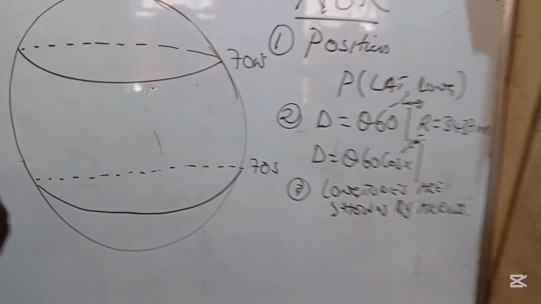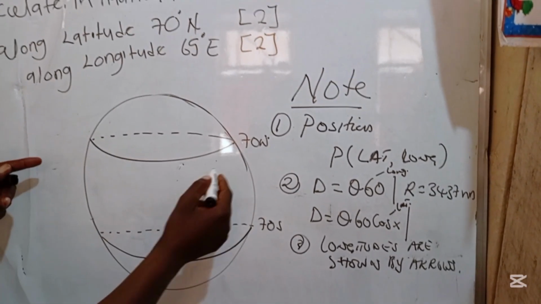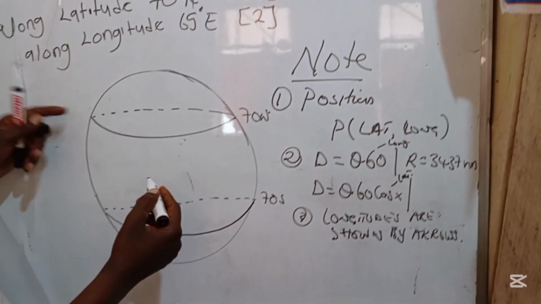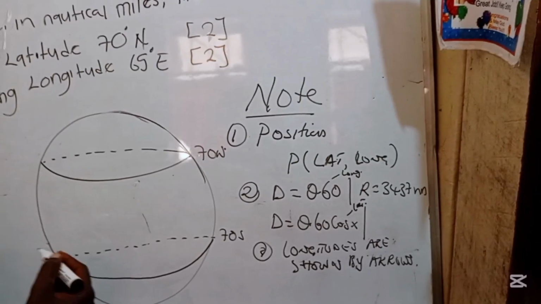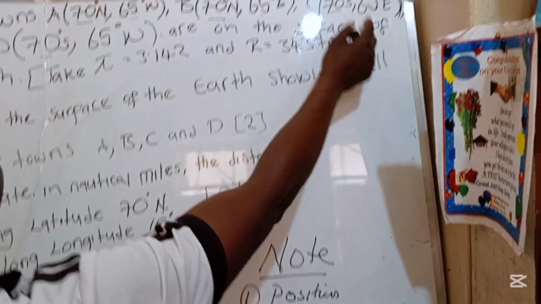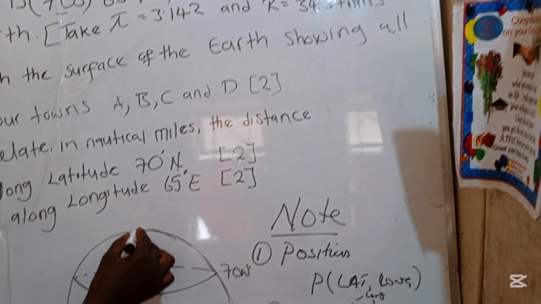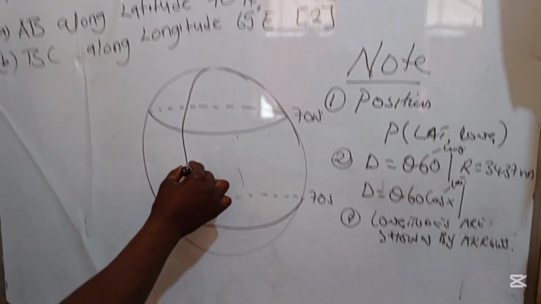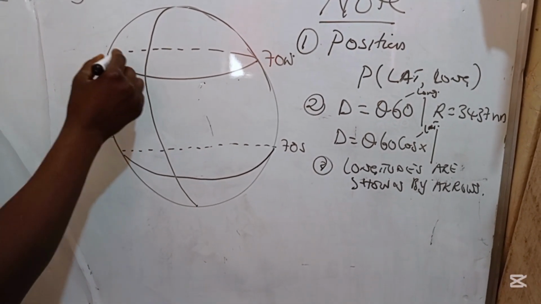You can see it's a matter of showing 70 this side. If you want, you can also show both sides, it doesn't matter. But for the longitude, I can see 65, meaning it is just the 65 which I'm interested in. This is the longitude. What longitude is this?